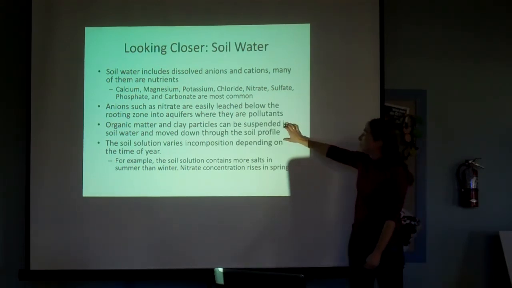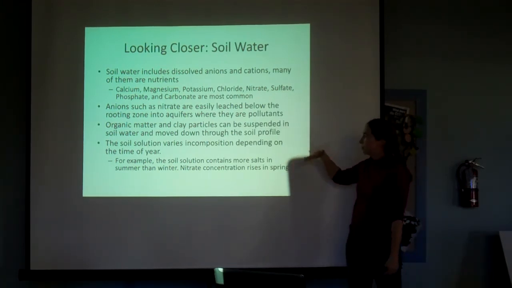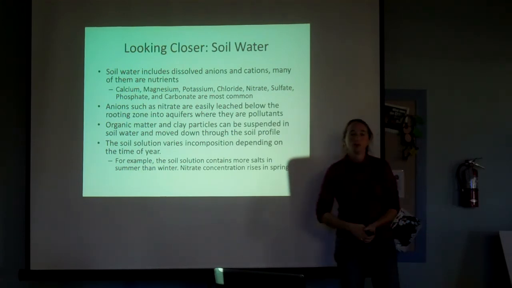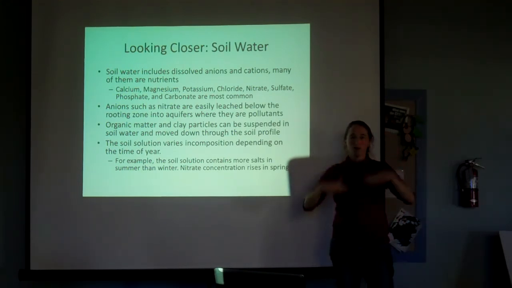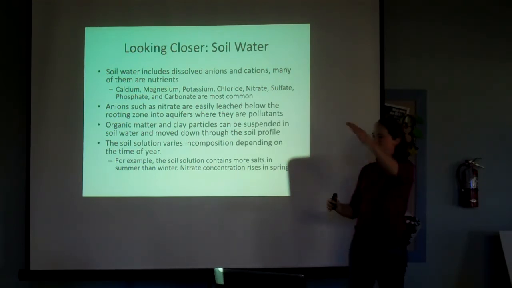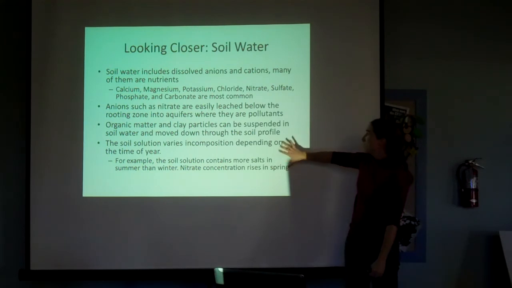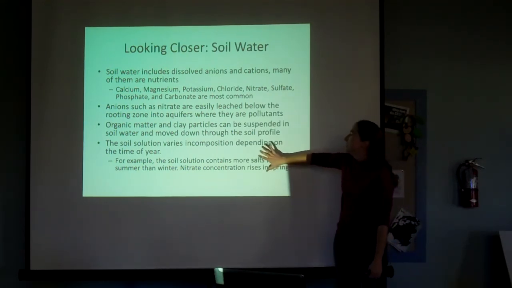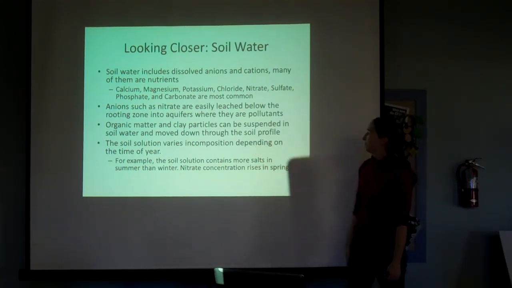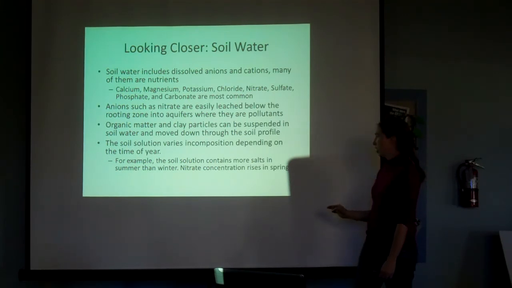Organic matter and clay particles can be suspended in soil and water and moved down through the soil profile. That's what we were talking about in soil formation. The clays and some of the organic matter leach down, and that's what causes the soils to start to form in layers. The soil solution can vary a lot in its composition depending on the time of year.